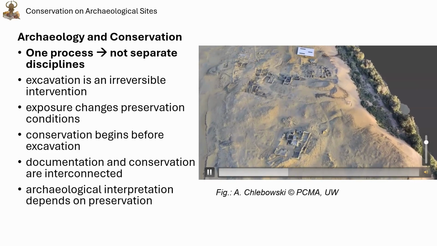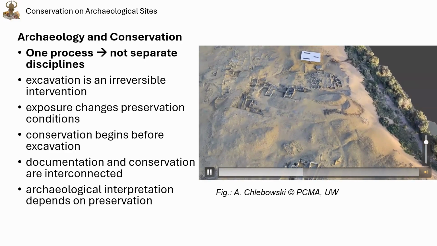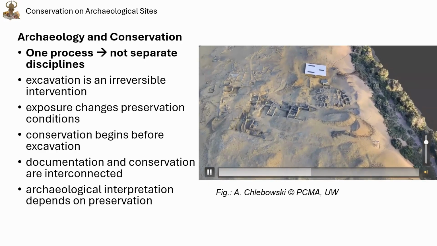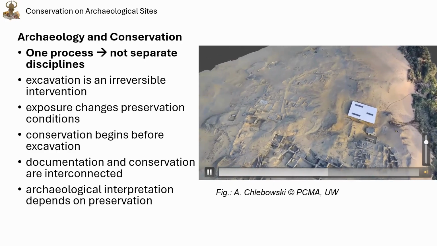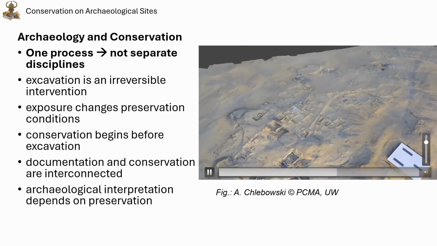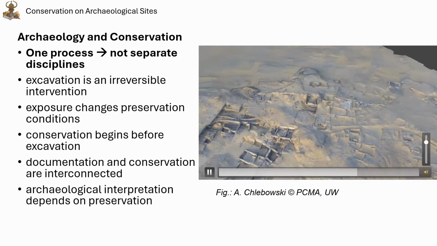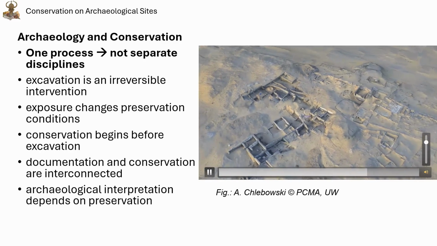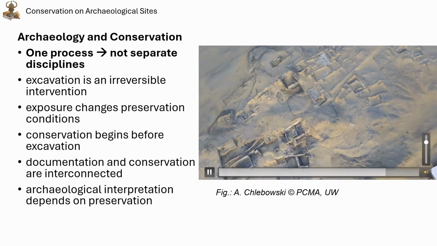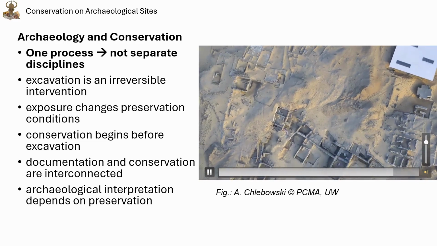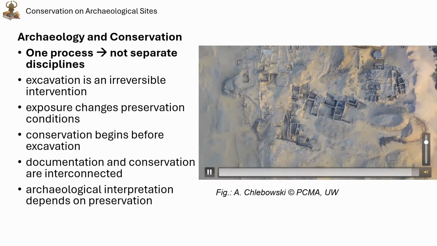I'm happy that during this workshop you will learn many phases of documentation from the conservation point of view, but also from the view of modern technologies, which is really important right now. At archaeological sites, conservation is directly connected to research quality. If preservation fails, interpretation also becomes limited.